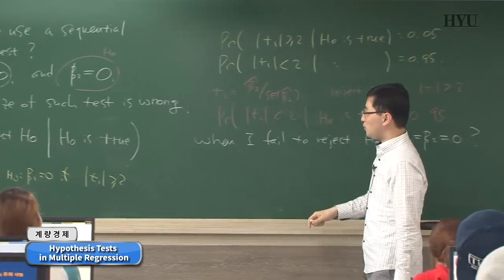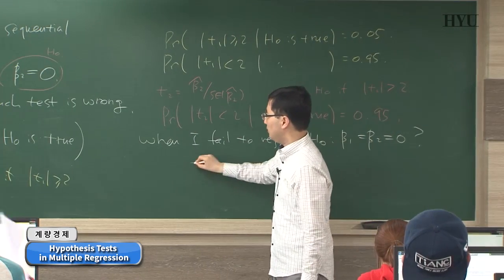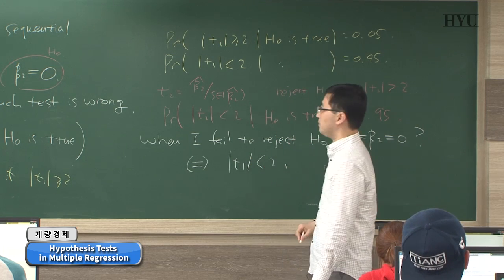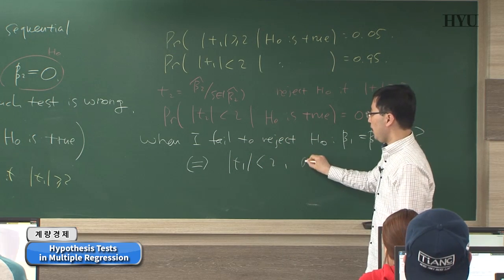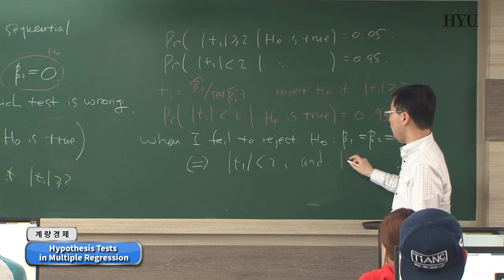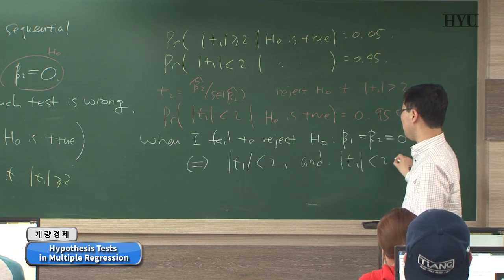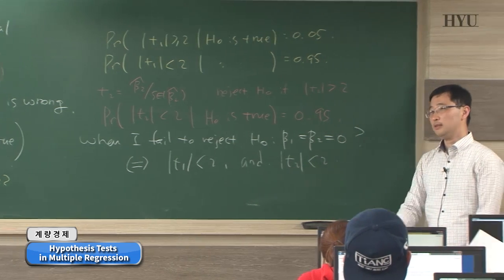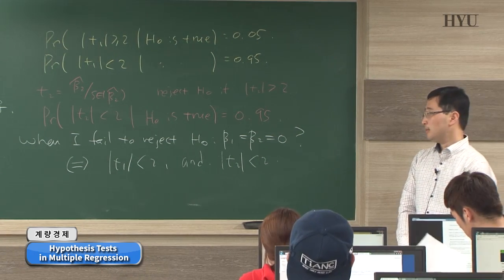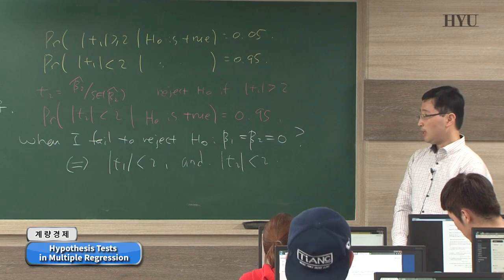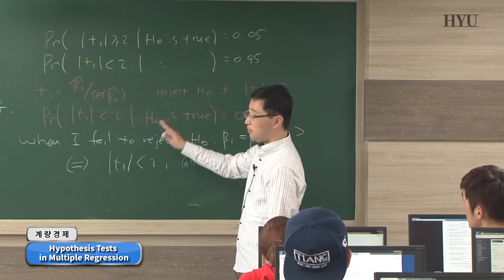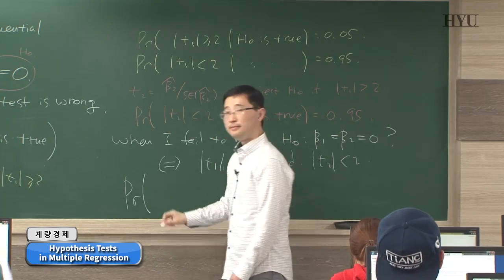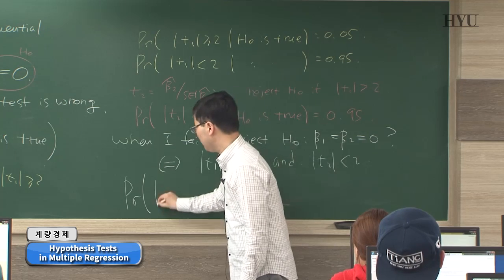So when you fail to reject, you're not going to reject this and you're not going to reject this, right? When you fail to reject the first hypothesis, that's when your t statistic is less than 2. And when you fail to reject the second hypothesis, a separate simple hypothesis, that's when your t statistic for the second is less than 2. So the probability of failing to reject the null, if the null is true, is this.